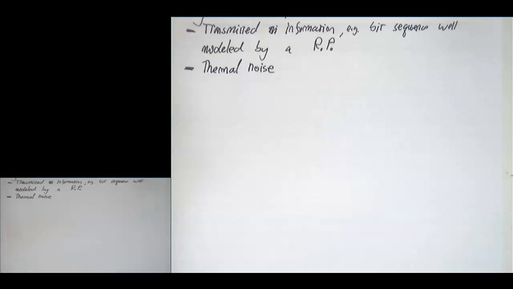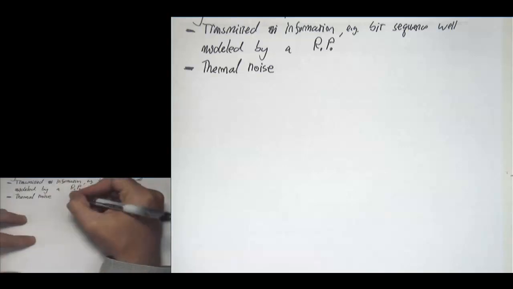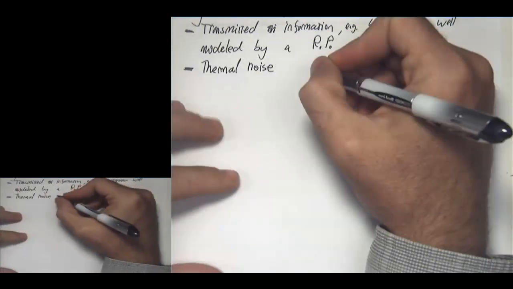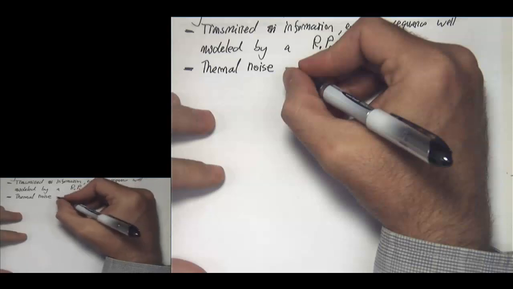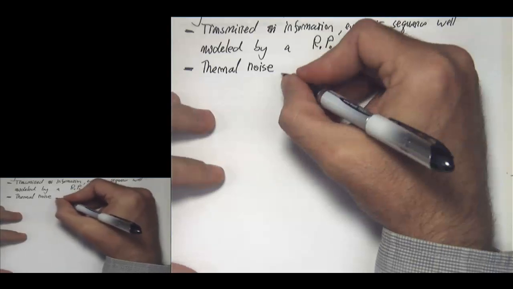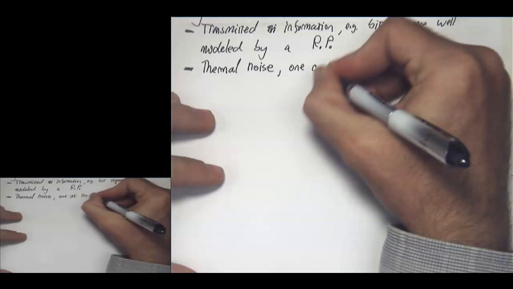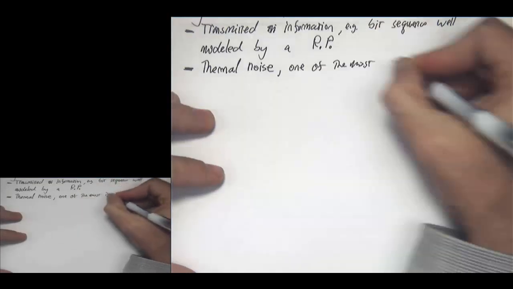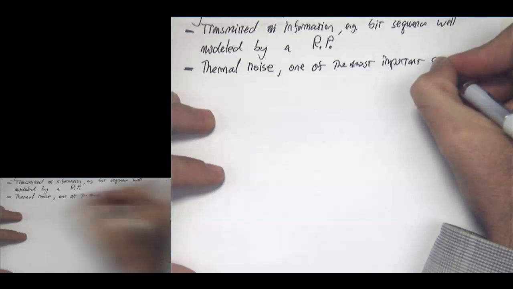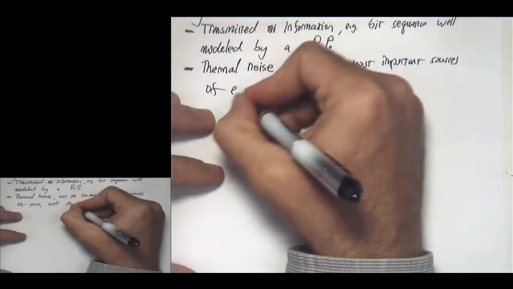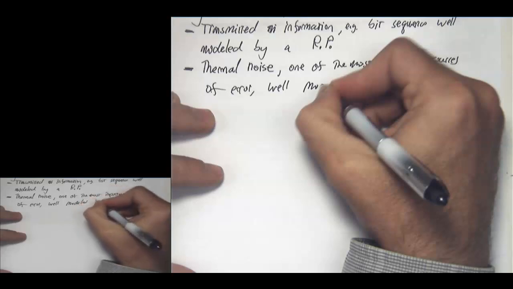This is caused by thermodynamics. There's no real good deterministic model for it, and so we model it using a random process here. So thermal noise, one of the most important sources of error, is well modeled by an RP.